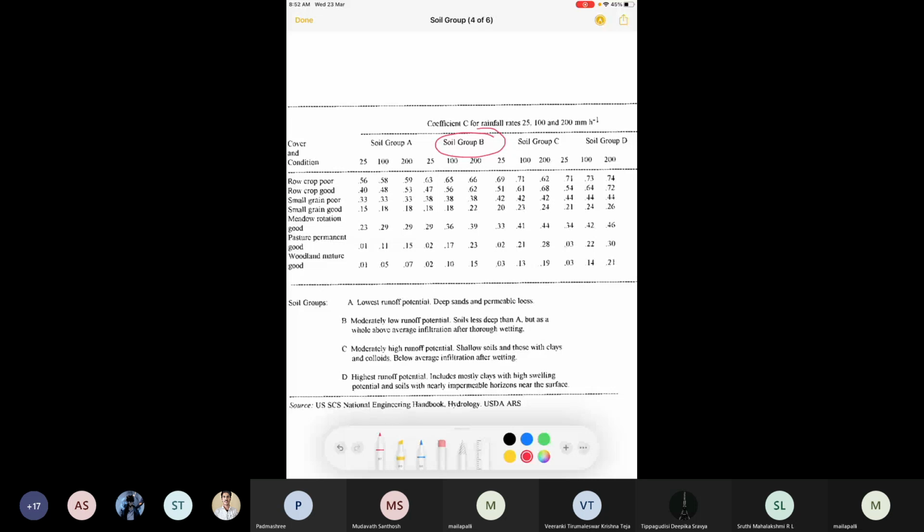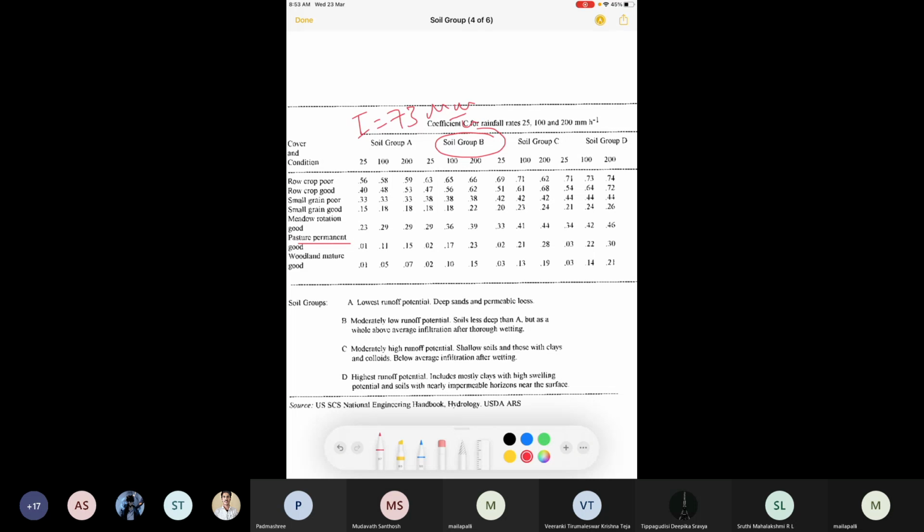So what is the cover condition for coefficient C? In our case the intensity I is equal to 73 mm per hour.